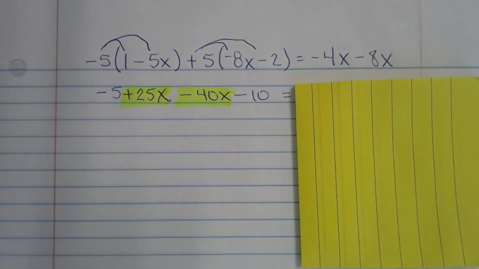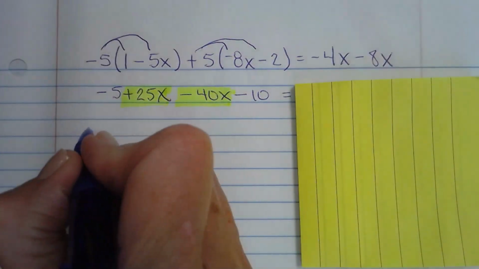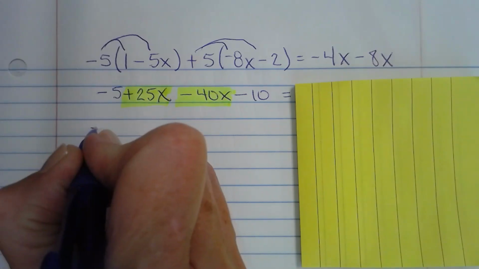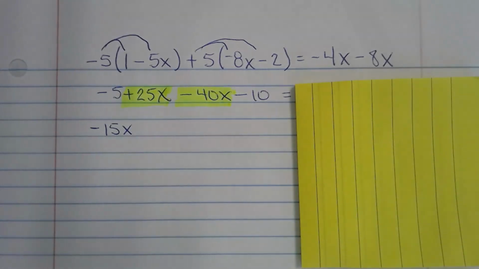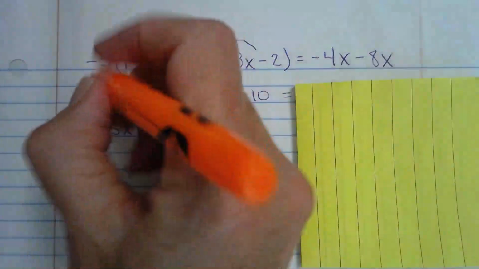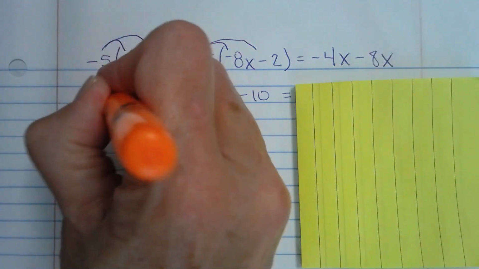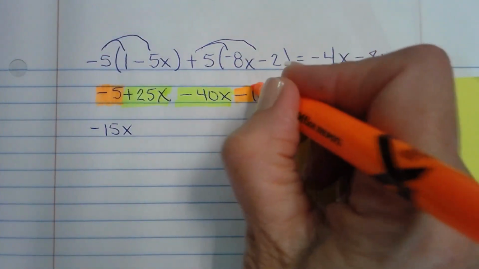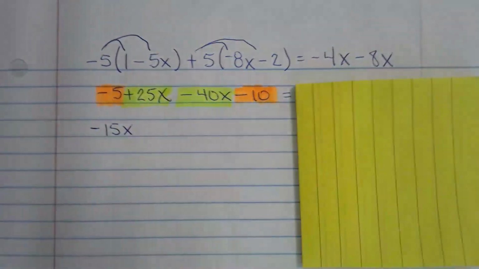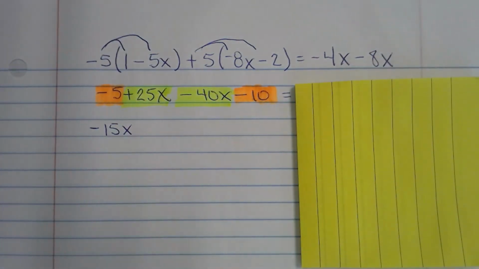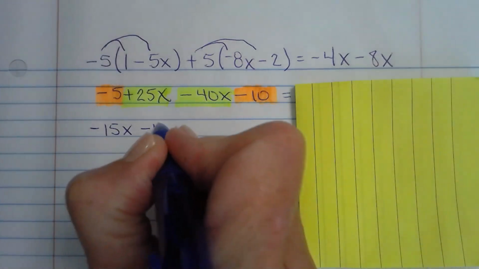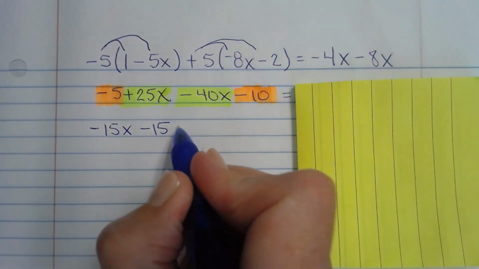So 25 minus 40, negative 15. And it's got an x on it. Okay, what else can I put together? Negative 5 and negative 10, because those are constants. What do I get when I put those together? Negative 15. And then we got an equal sign.